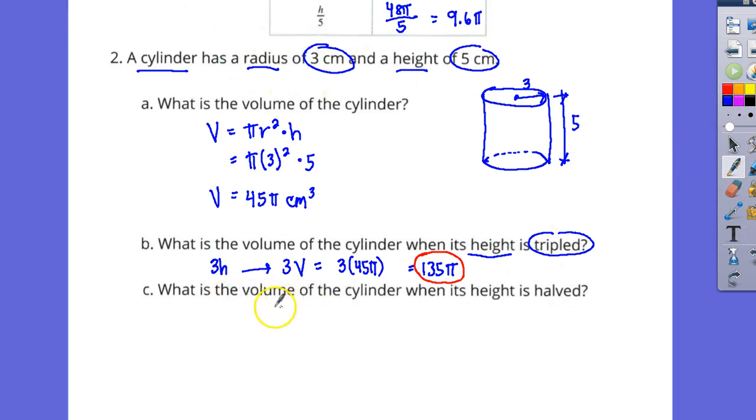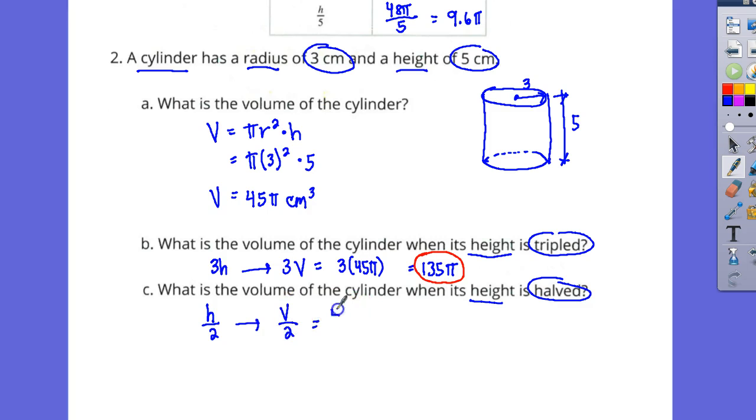Okay, the next one. What is the volume of the cylinder when its height is halved? Halved means you will divide the height by 2. So remember, whatever you multiply the height by, you will do the same thing with the volume. This one you divide by 2, so the volume will also be divided by 2.